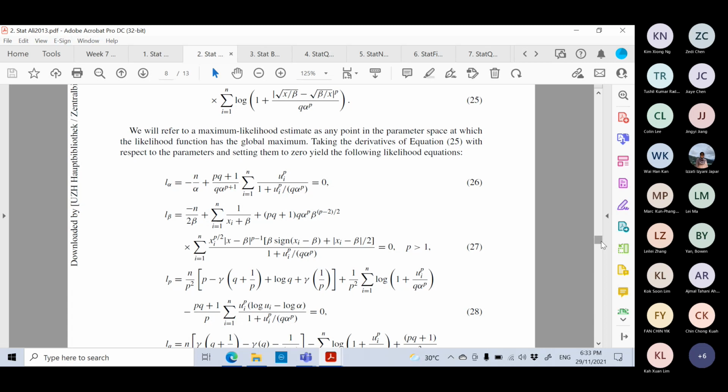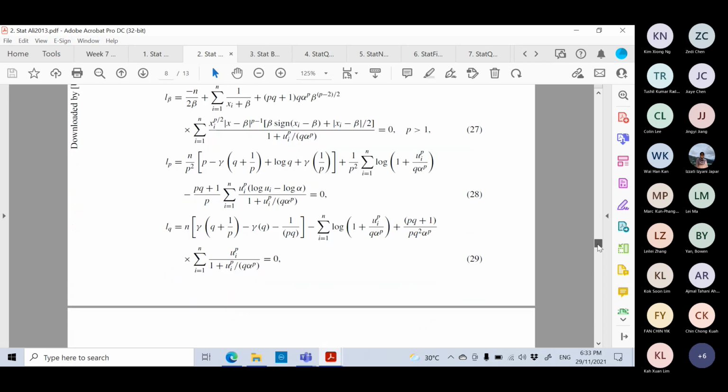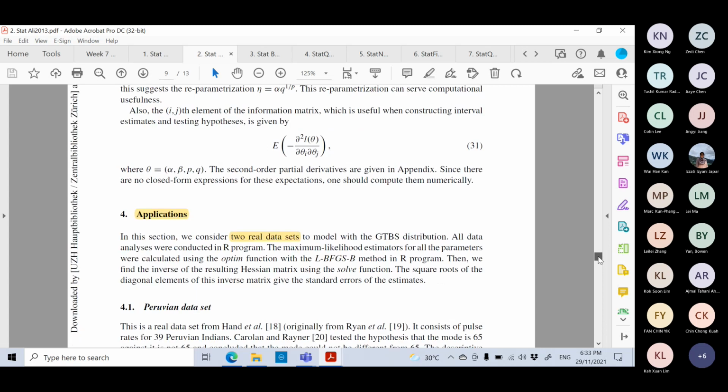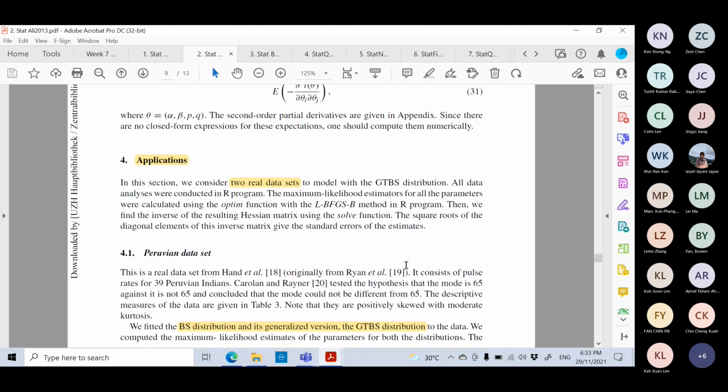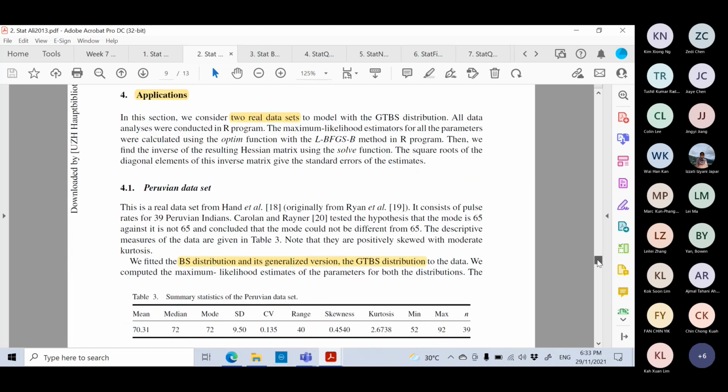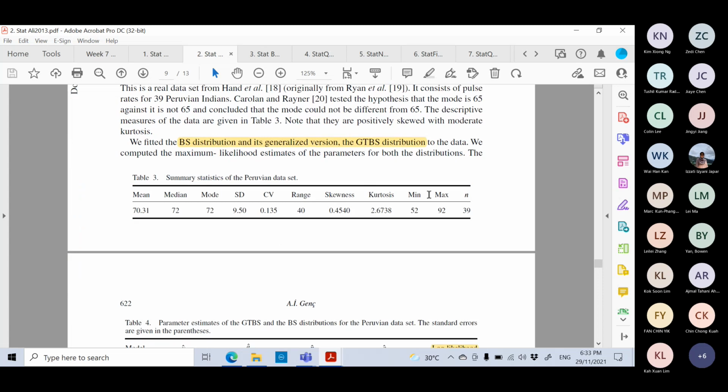Okay, so in the application here, they have shown you 2 examples. The first example provides the summary statistics. So this is a data summary statistic. Just now you have derived this; it covers the mean, the standard deviation, the skewness, and the kurtosis.